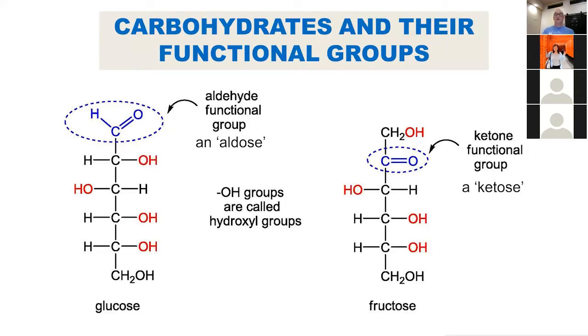So let's talk about their functional groups. We mentioned them already. This is what their structures look like, and you can see how similar they are. So you start with either an aldehyde or a ketone. For glucose, it has an aldehyde functional group, and so we refer to it as an aldose, al for aldehyde.